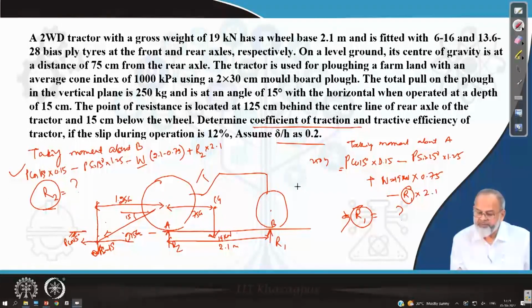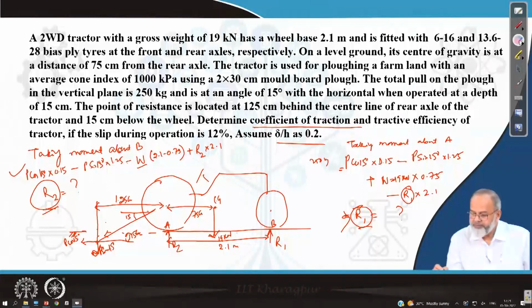There CI b d by W, CI is given, b is given, d is given, and W will be whatever R2 value you are getting divided by 2, and for the front wheel it will be R1 by 2. In case of the front wheel, we will only calculate the coefficient of rolling resistance, because this is a two-wheel drive tractor, the tractive effort is only developed at the rear wheels.